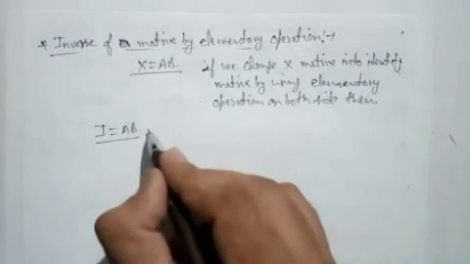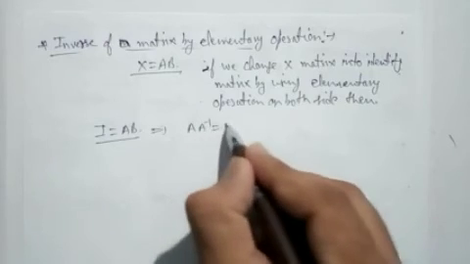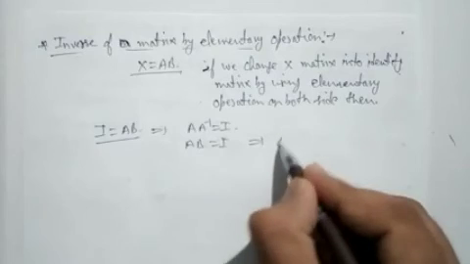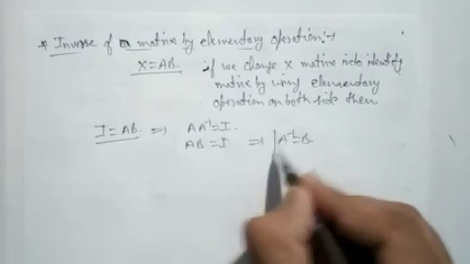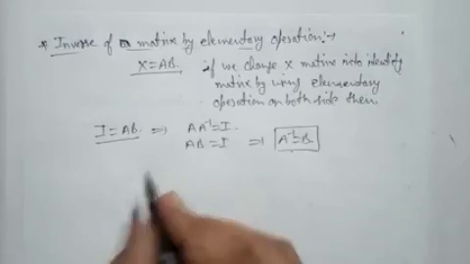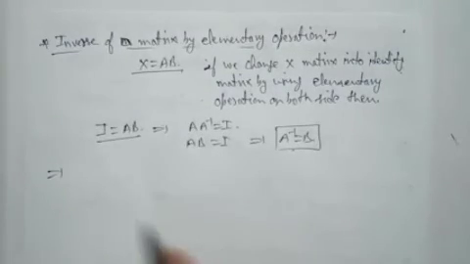I equals to AB means we can say that A inverse equals to B. Clear?